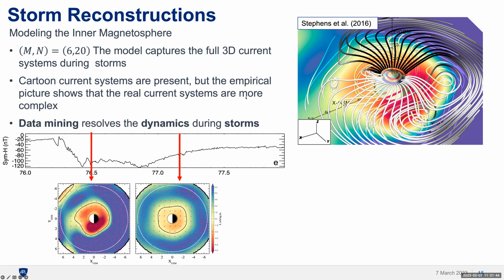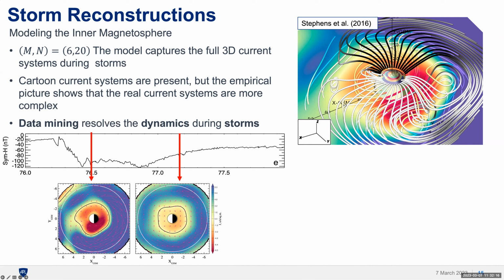And what we see is that the data mining resolves not only these currents, but their dynamics during the course of a storm. So we see that in the main phase or near the SYM-H minimum, the ring current system is highly asymmetric. And actually these two are the same snapshot here. This is showing a 3D picture, and here's a 2D slice of the equatorial current systems.